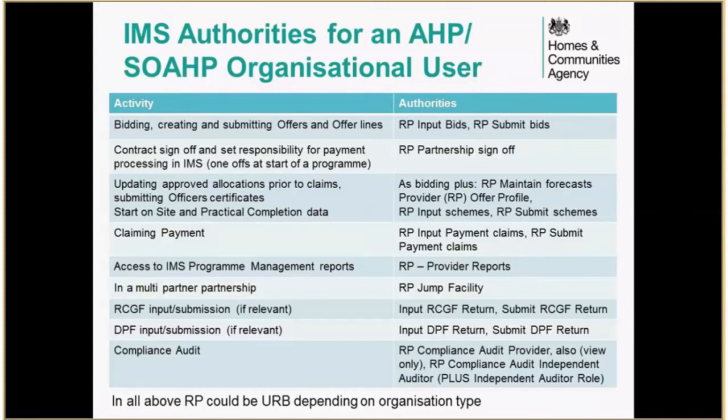So after authorities, there is roles, and currently roles are only being used for compliance audit. So you would go in, and when you create that user, you would also, for the independent auditor only, add the independent auditor role to them.